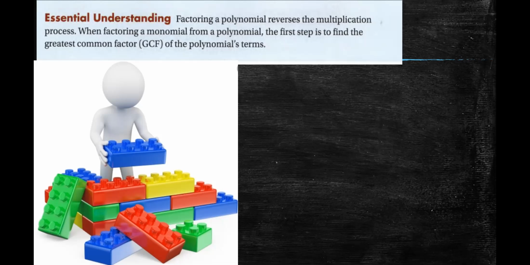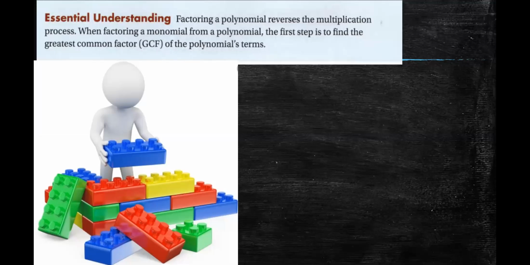So when you want to factorize a monomial from a polynomial, the first step is to find the greatest common factor. We said at the beginning that the objective of this lesson is to learn how to multiply and how to factorize. We learned how to multiply. Now, next, we learn how to factorize a monomial from a polynomial.